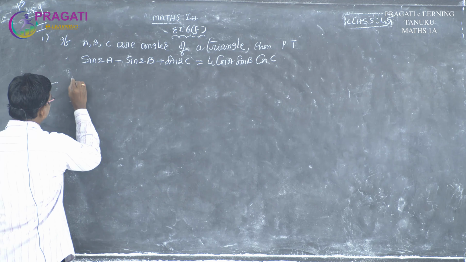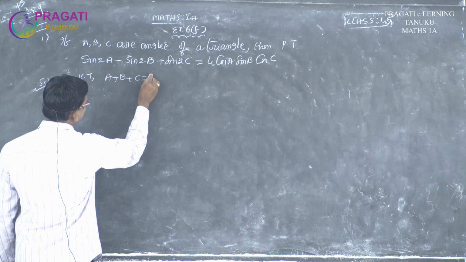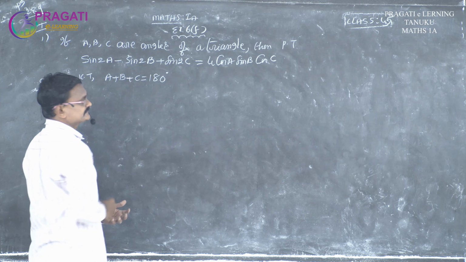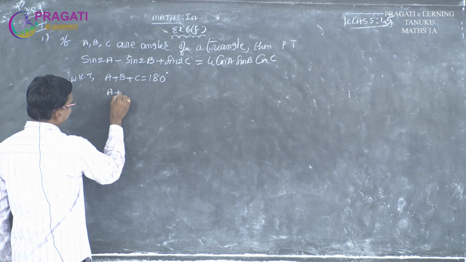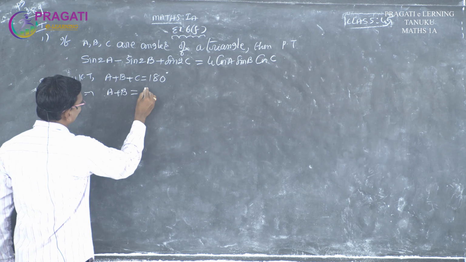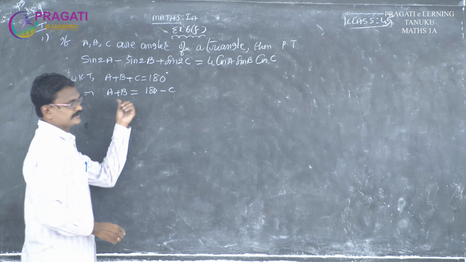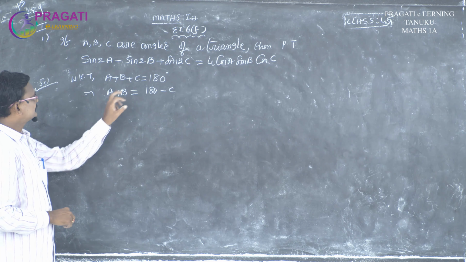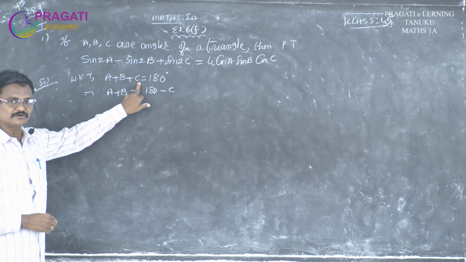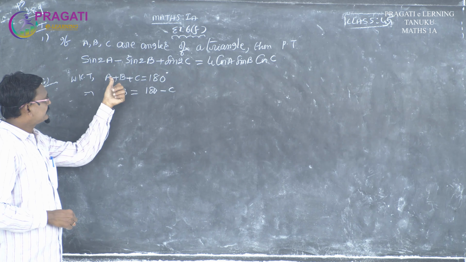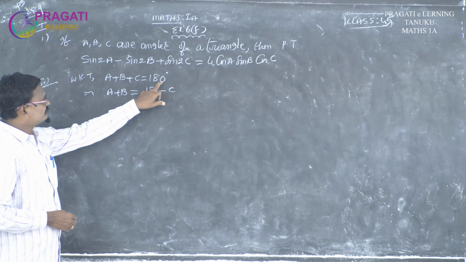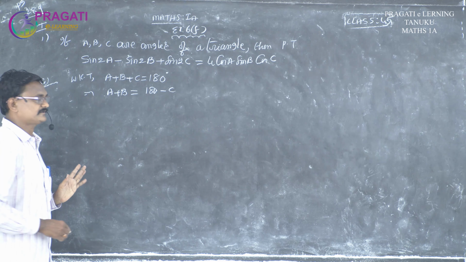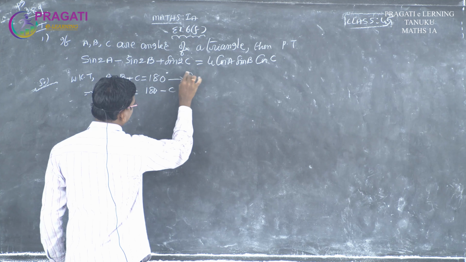So we know that A plus B plus C is equal to 180 degrees. From this relation, we can write A plus B is equal to 180 minus C. Or B plus C is equal to 180 minus A, and one more way, A plus C is equal to 180 minus B. Take the first one as equation 1.